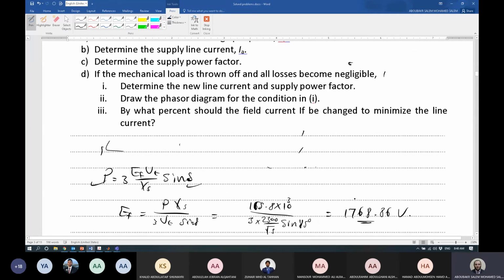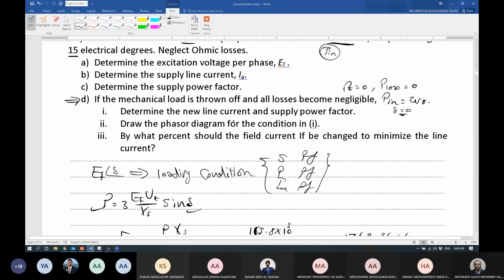In the same problem, it's required to draw the phasor diagram. Of course, you know the phasor diagram of no load at leading condition, so we will draw it. Then it's required to find by what percent the field current should be changed to minimize the line current.